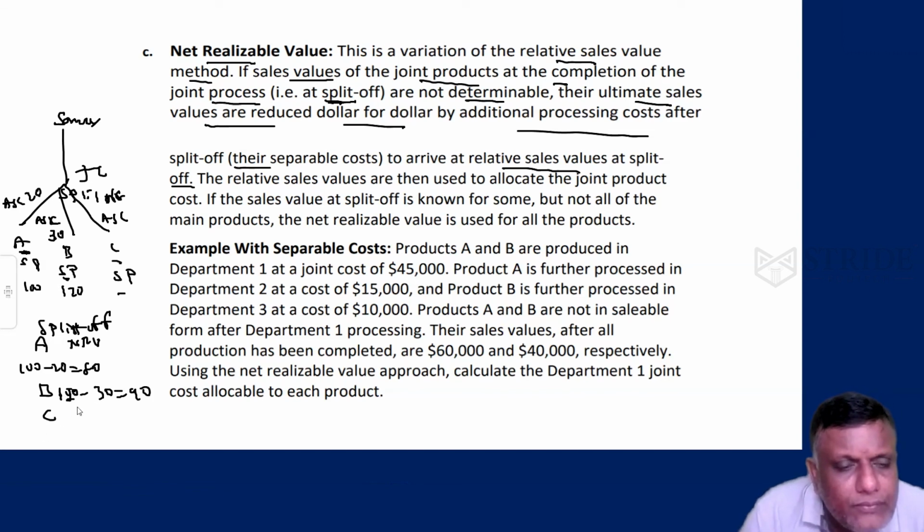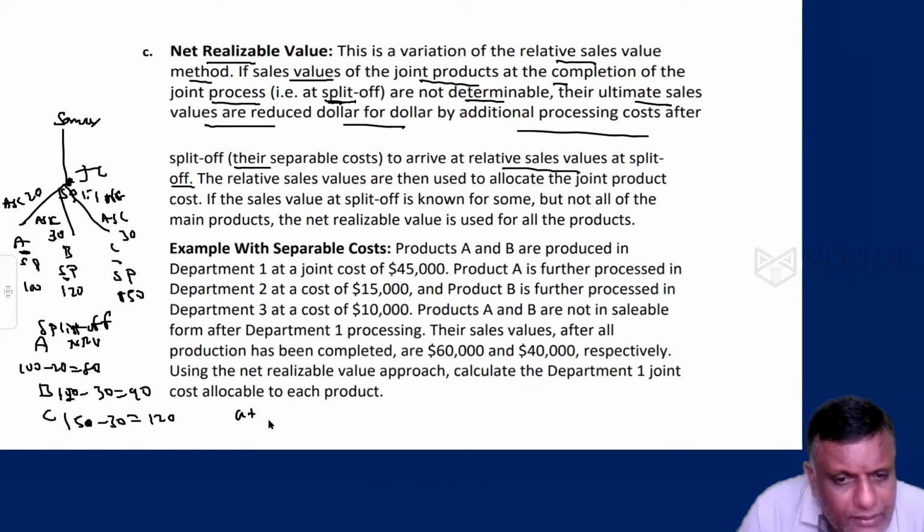C. Suppose here it is going to be 150. After separation cost is going to be 30. Of 150 minus 30, 150 is the selling price of C product. Separation cost added, profit added, selling price. 150 minus 30, it is going to be 120. Right. Now 80, 90, 120 are the values at the split off.